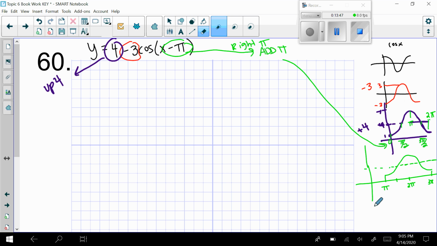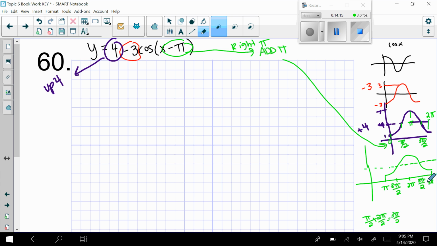Pi over 2 plus pi would be pi over 2 plus 2 pi over 2, that's 3 pi over 2. So this should be 3 pi over 2. And this one here, 3 pi over 2 plus 2 pi over 2 would be 5 pi over 2.